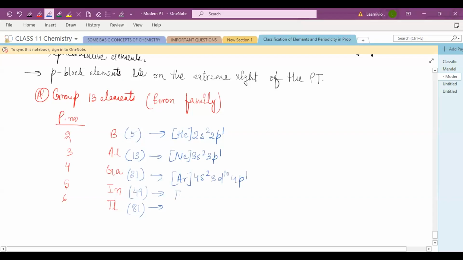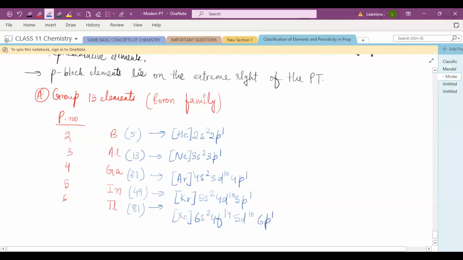For indium, krypton is nearby. After krypton it goes in 5s2, 4d10, 5p1. For thallium, xenon, 6s2. Yeah, this is the F block: 4f14, 5d10. You just have to remember the order of energy, and accordingly fill the electrons.